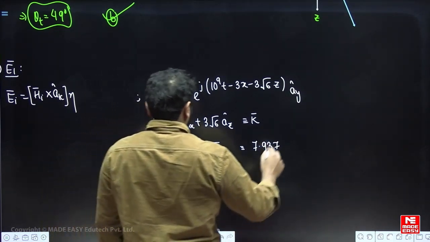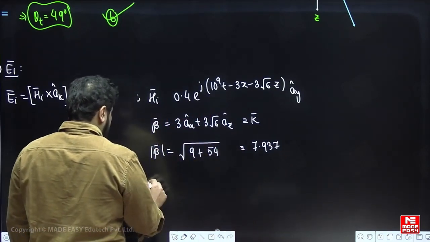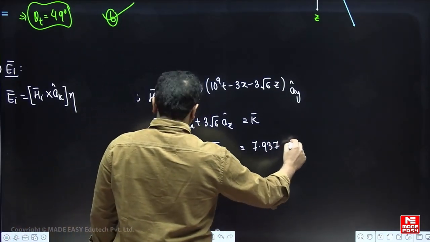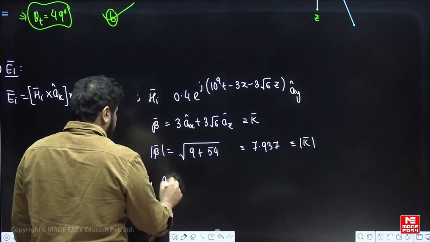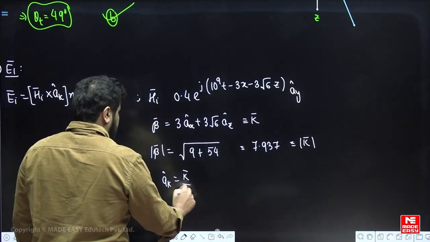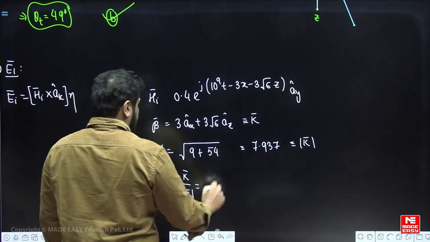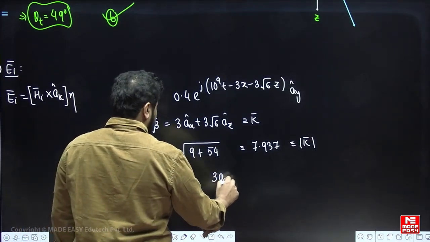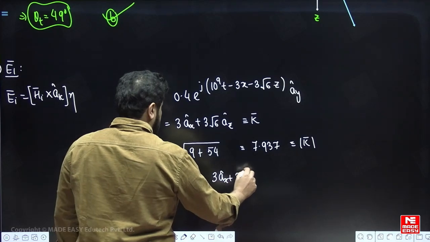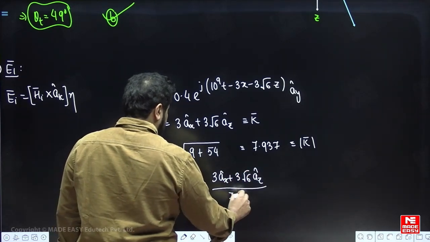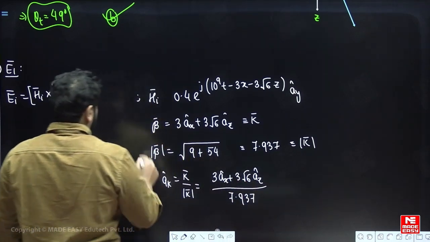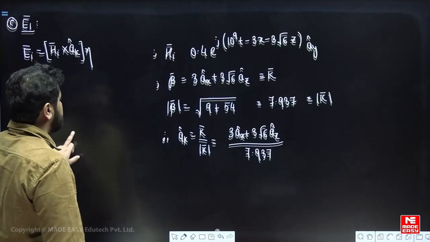7.937 is the mod of beta. So what is your AK cap? It is k vector upon mod of k vector. That is 3 times AX plus 3 root 6 times AZ divided by 7.937, right? So we have got the value of AK also.